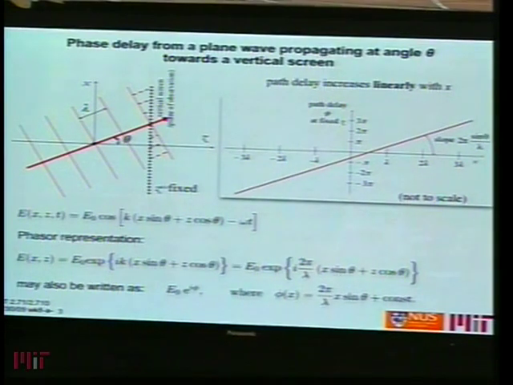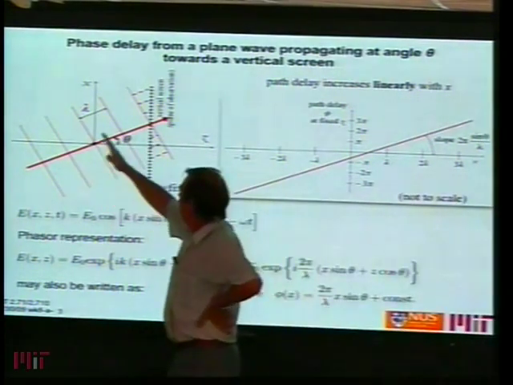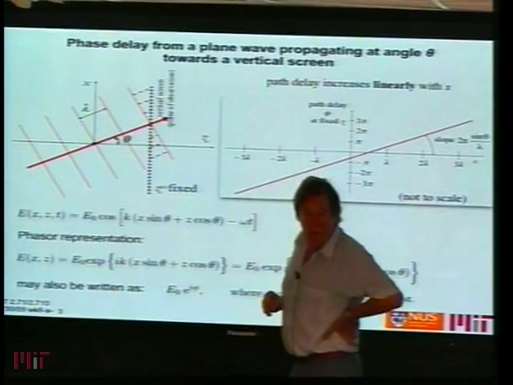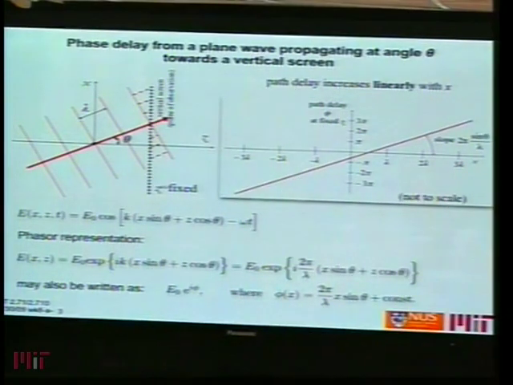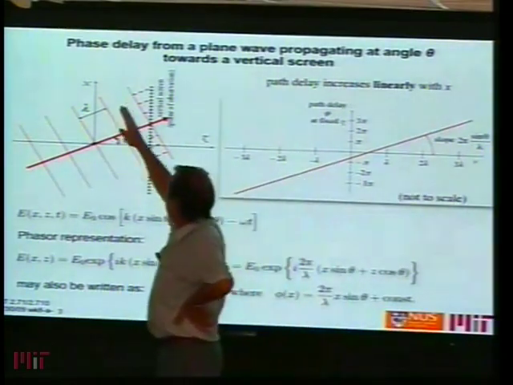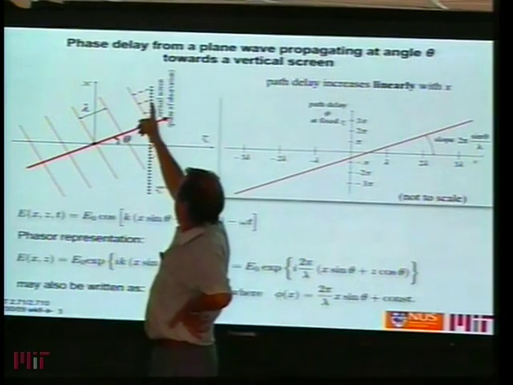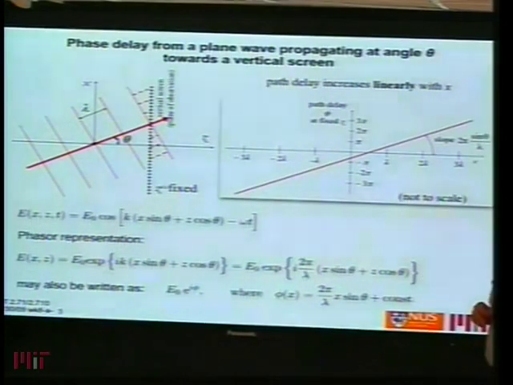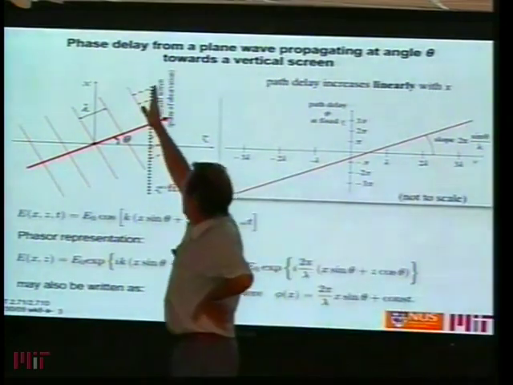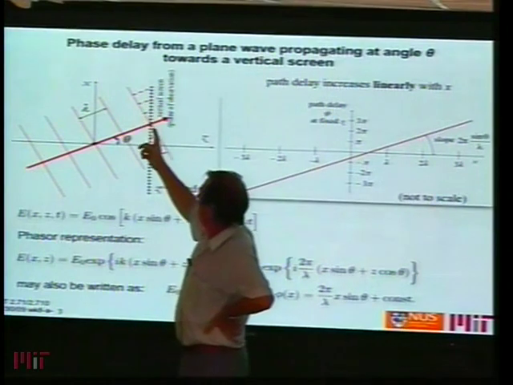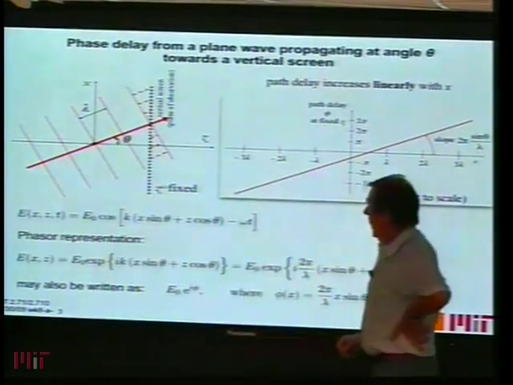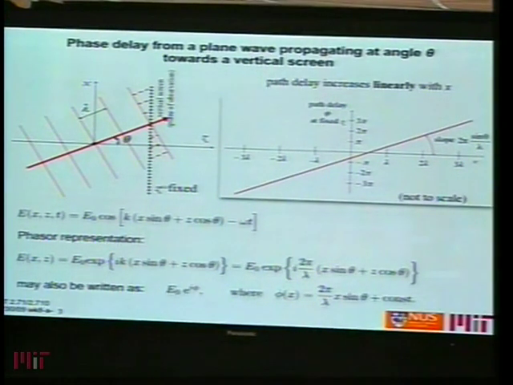So when this wave reaches this plane, Z equals fixed, some plane where we might put a screen or detector, the different parts of this phase front are going to strike this plane at different times. Or equivalently, you can say that if you look at this plane here, this wave will exhibit different phase at different points along this line. So this is what we're looking at here.